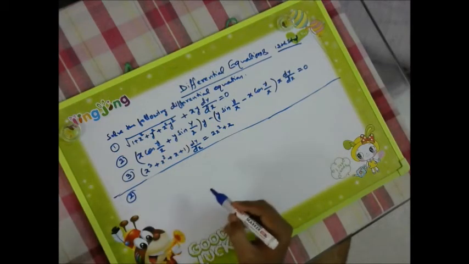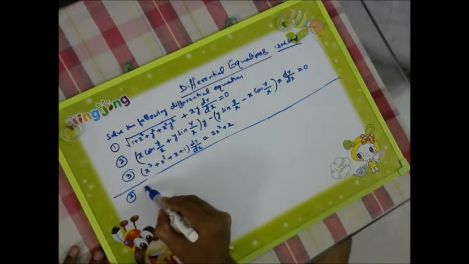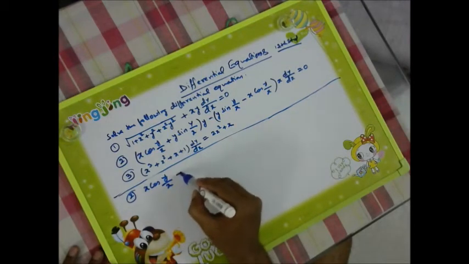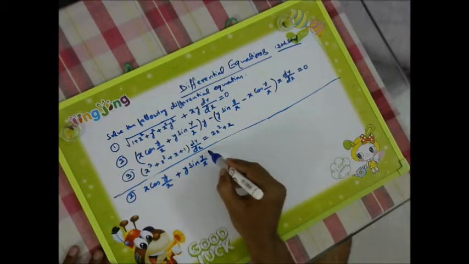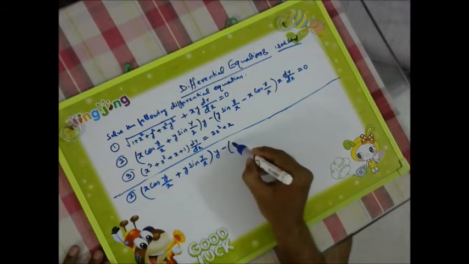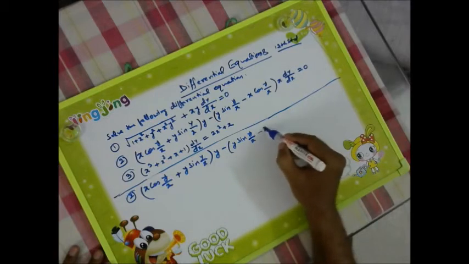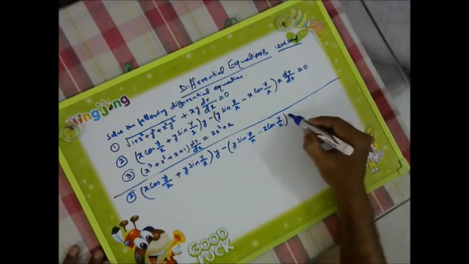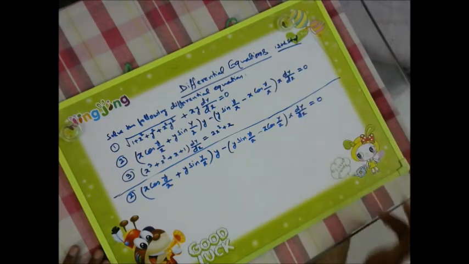Now let us solve question number 2. We are going to solve it in a typical method. x cos y by x plus y sine y by x, into y, minus y sine y by x minus x cos y by x, into x dy by dx is equal to 0.